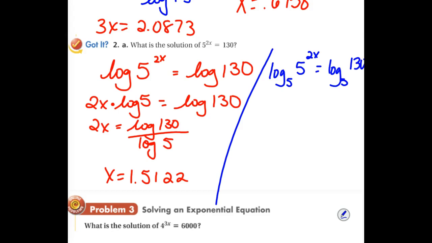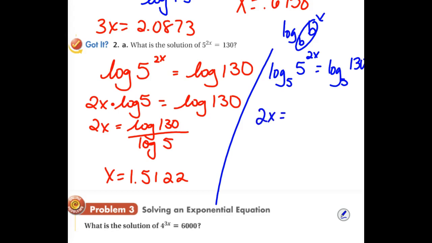What's going to happen on the left side? Remember what we said? If we have the log of base b and b to a power, if these match, my answer is just the power, right? So in this case, I would end up with 2x.